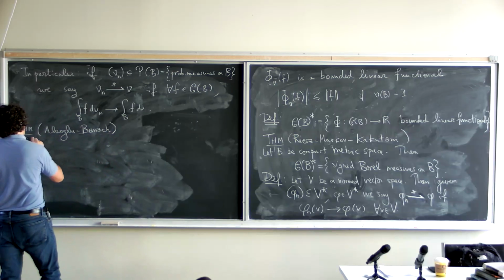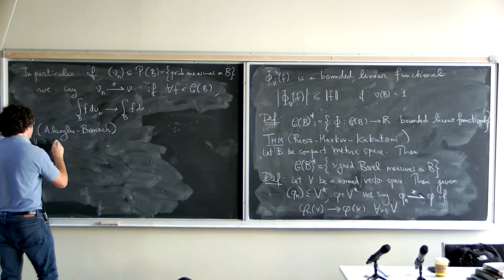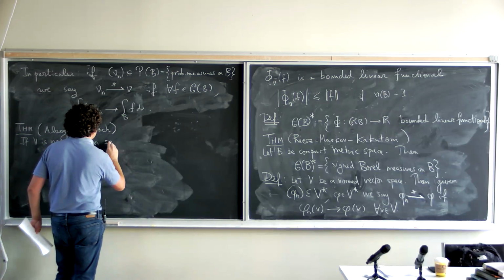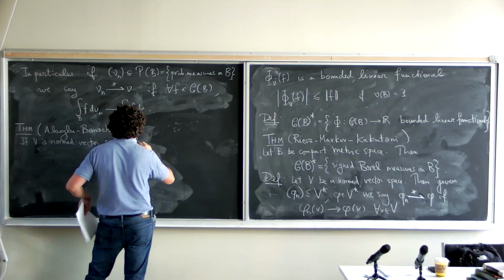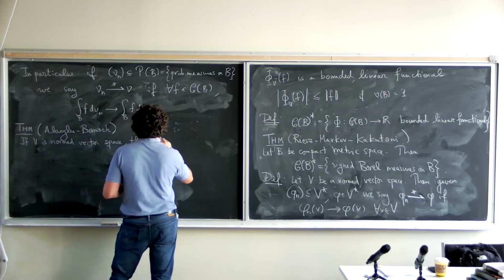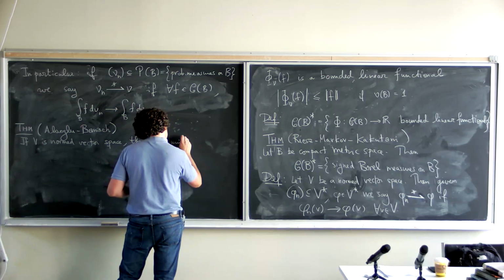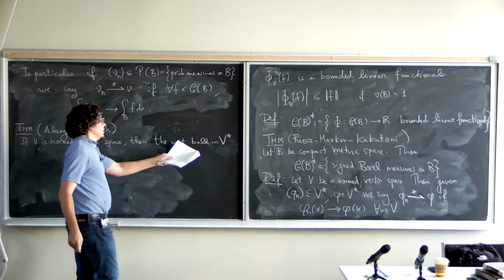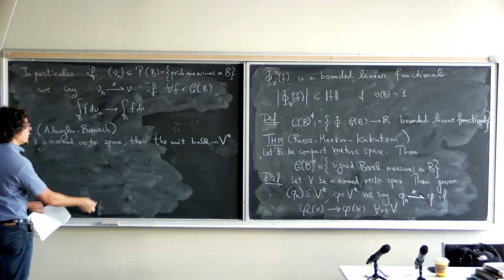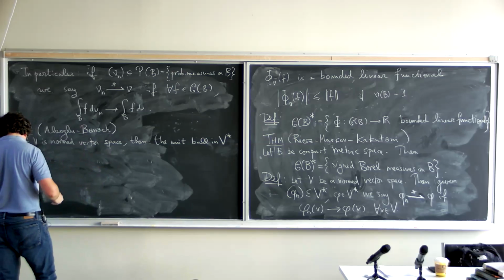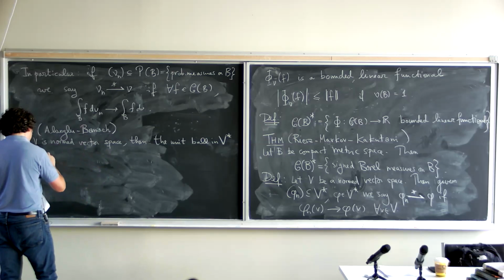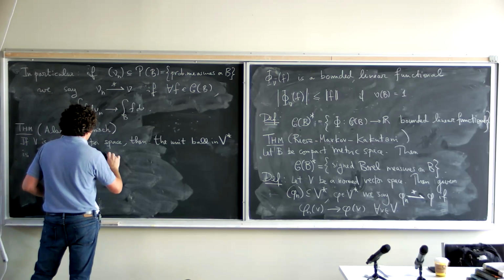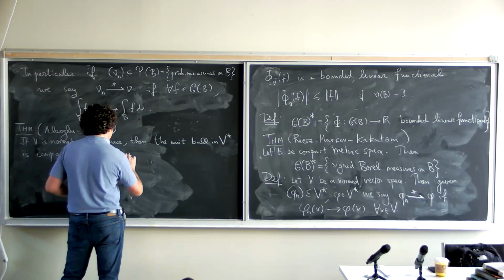If V is a normed vector space, then the unit ball in V star, using the dual norm, is compact in the weak star topology.